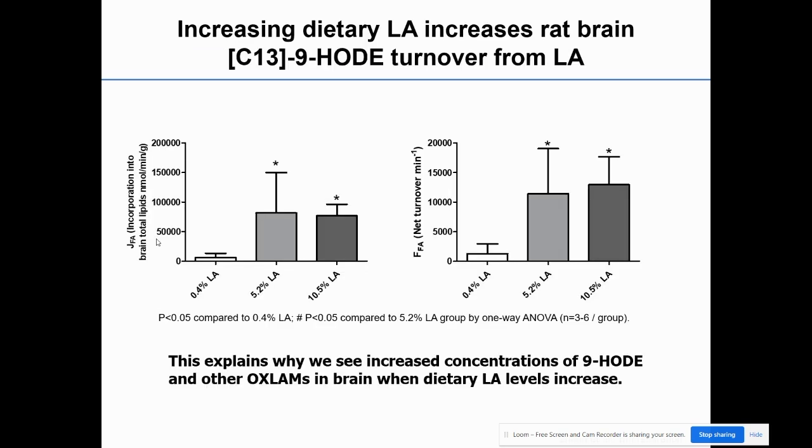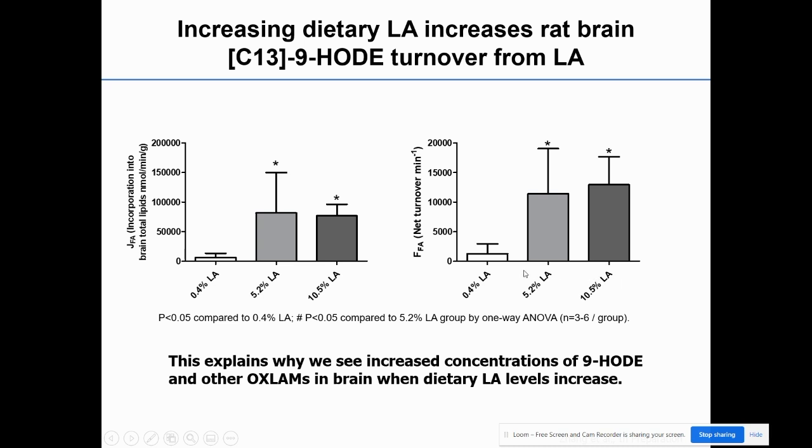What we found, and I'm going to take your attention to the right graph here, is that if you increase dietary LA, you actually increase the turnover of LA into OXLAMs. At least we picked one of them, which is C13 9-HODE. So this is a 0.4% LA diet, 5%, and 10%.